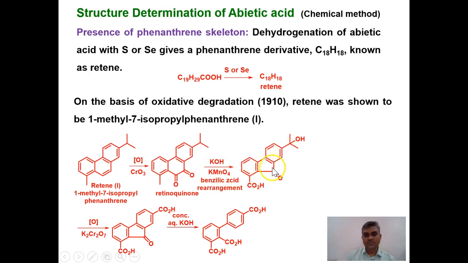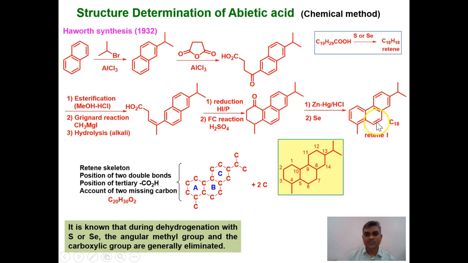So we get a fluorenone derivative, and fluorenone on reaction with KOH gives a tricarboxylic acid. In this way, we have reached the structure of 1-methyl-7-isopropylphenanthrene on the basis of this oxidative degradation experiment.